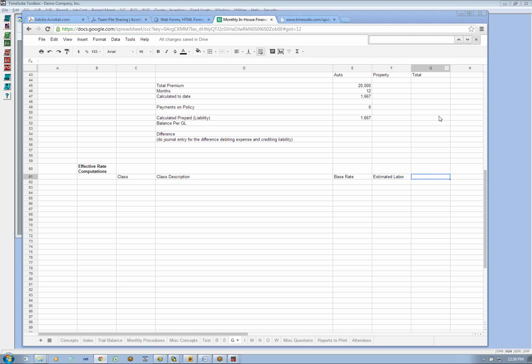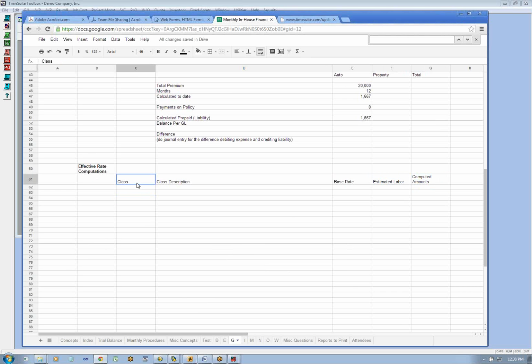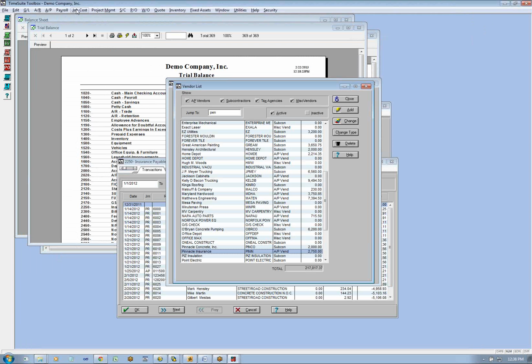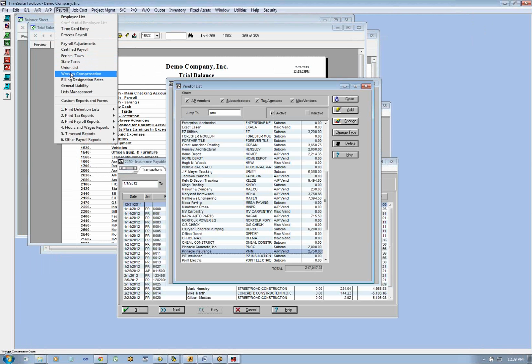You might also have a computed base rate, or computed amounts. So let's correlate this to our demo data. We come over here to our workman's comp. With some of the other areas, we'll cover some of the lead sheets you might use in your analysis as well.